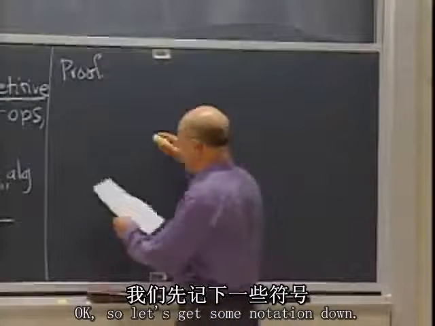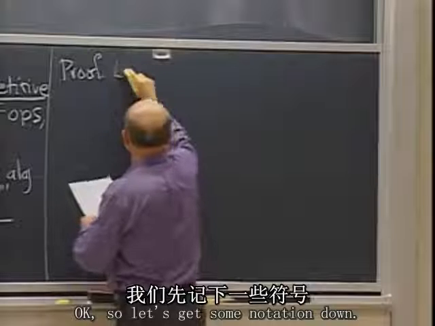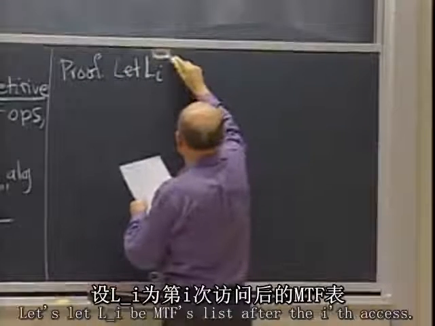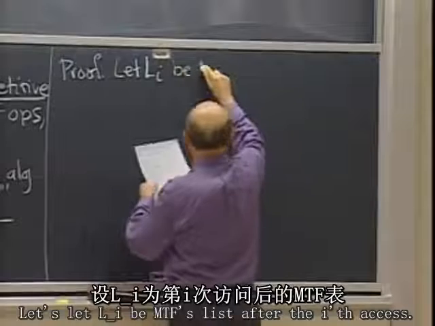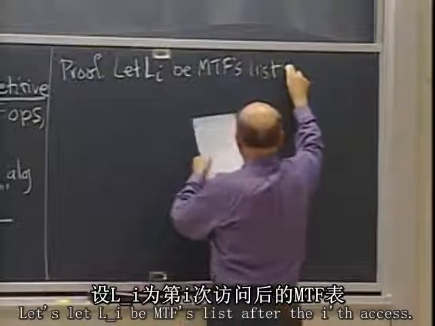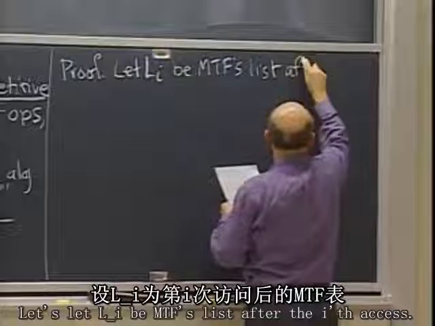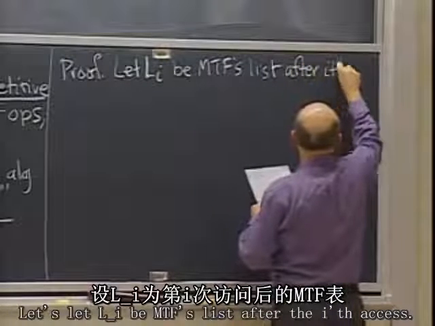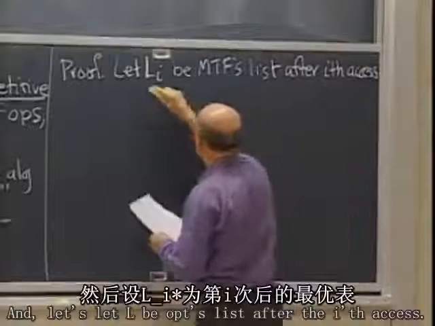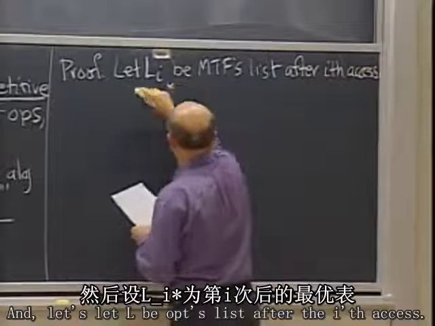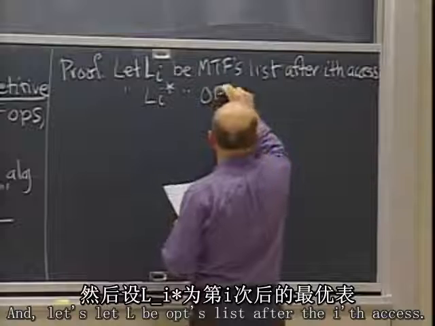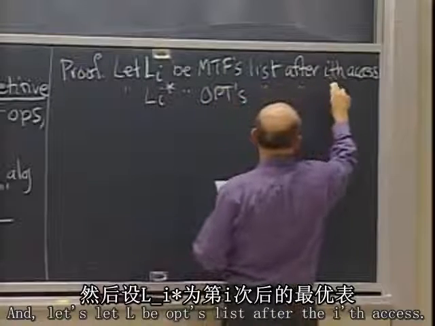Let's get some notation down. Let L sub I be MTF's list after the ith access. And let's let L sub I star be OPT's list after the ith access.